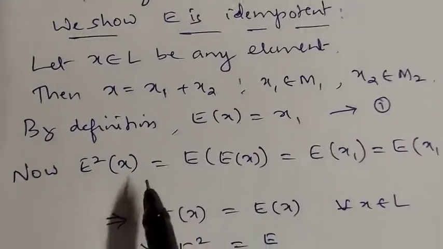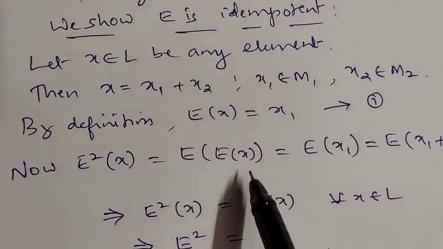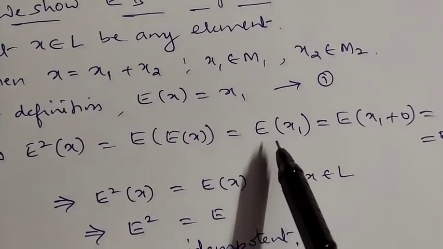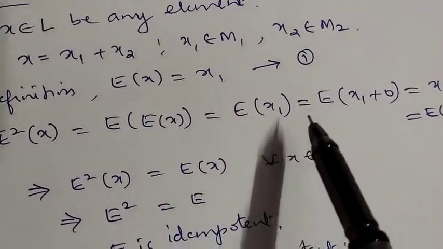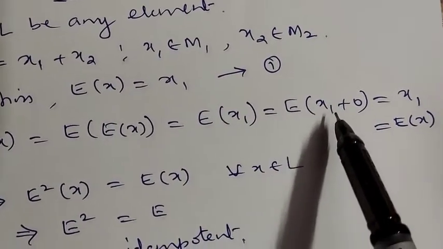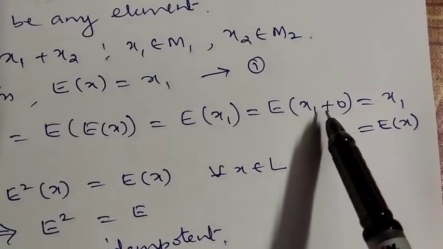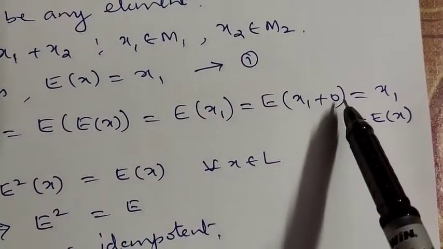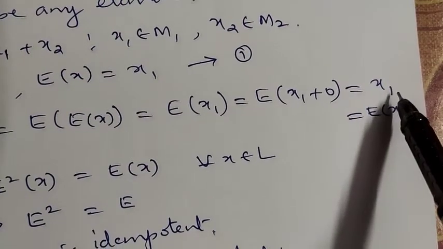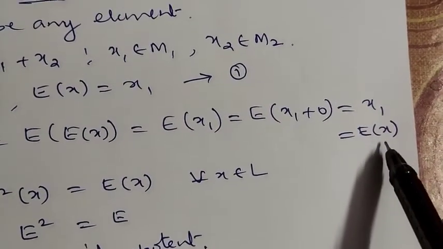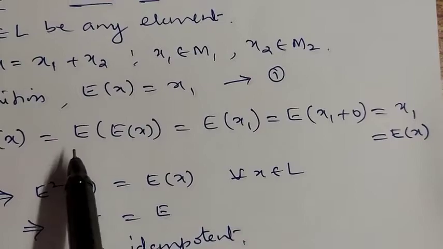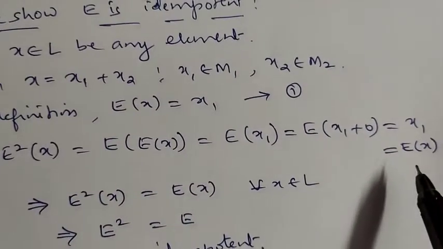Now E square of x is equal to E of E of x, that is E of x1. We can write E of x1 as E of x1 plus 0, where 0 belongs to M2. This implies it is equal to x1, and x1 is E of x. Therefore E square of x is the same as E of x.